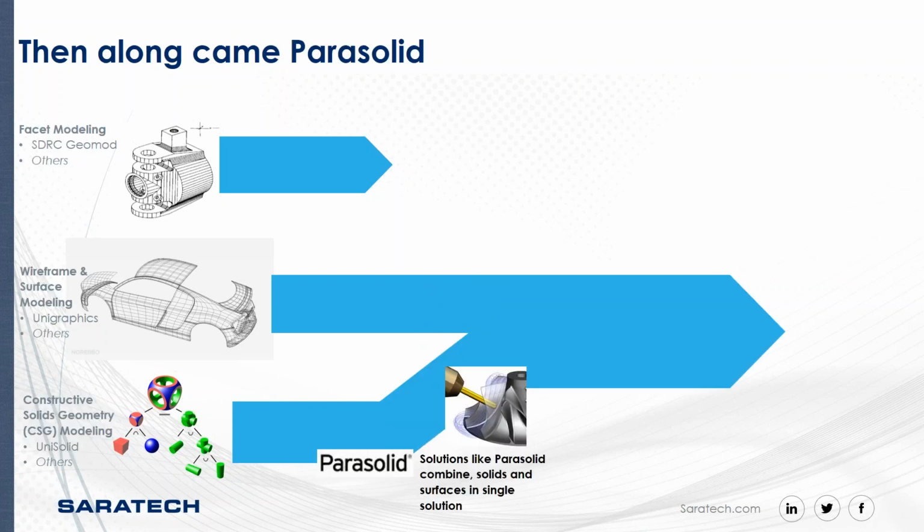So today, a lot of the CAD software that you're using is Parasolid. That combines your wireframe and surface modeling and your constructive solid modeling. So your NX, your Solid Edge, amongst others, are Parasolid.